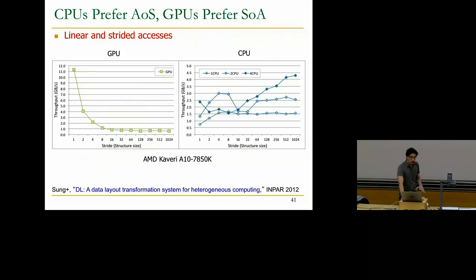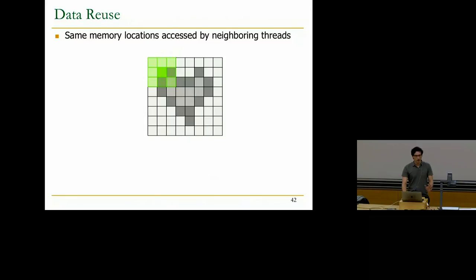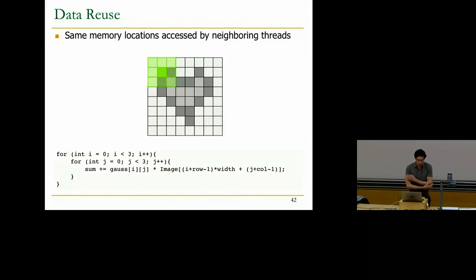Now, as I said before, sometimes there will be some memory locations that are shared by neighboring threads. So this is a very simple example, also related to image processing. This is the main loop in a Gaussian filtering. We have our image here, and this is a Gaussian filter.